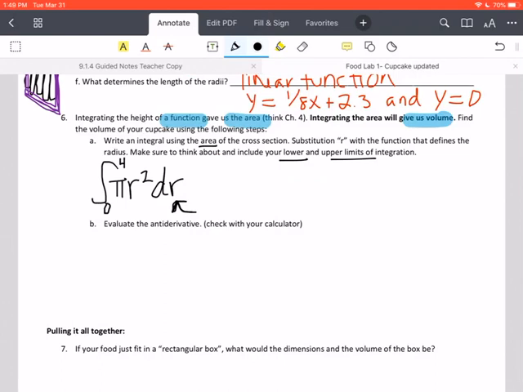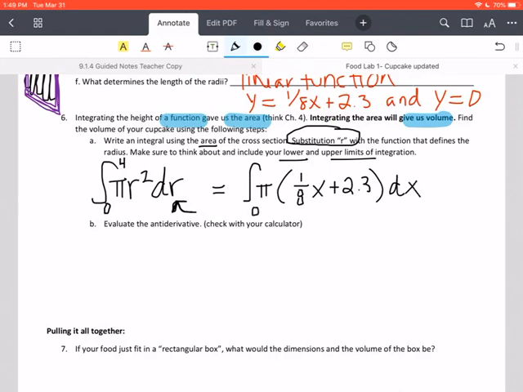But we need to do some substitution, and we need to take advantage of the function that defines our radius. So we're not going to integrate pi r squared. We are going to integrate pi times our function, which mine was 1/8 x plus 2.3, squared. So I've replaced that, so now it's dx, and actually this is when I should add in my limits of integration because they're written in terms of x.